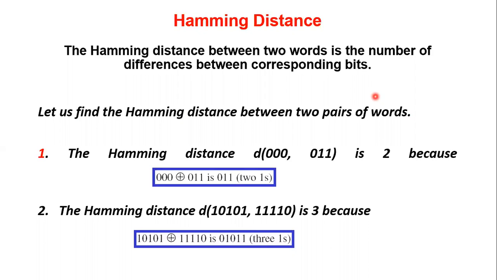The Hamming distance between two words x and y can be represented as d of x comma y.